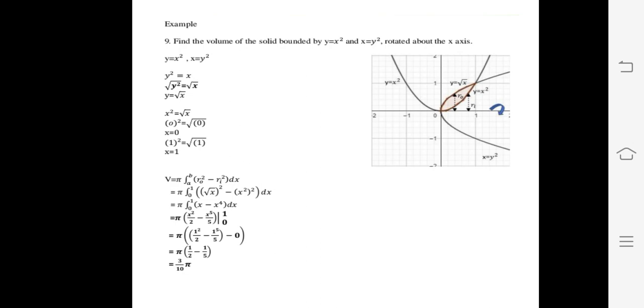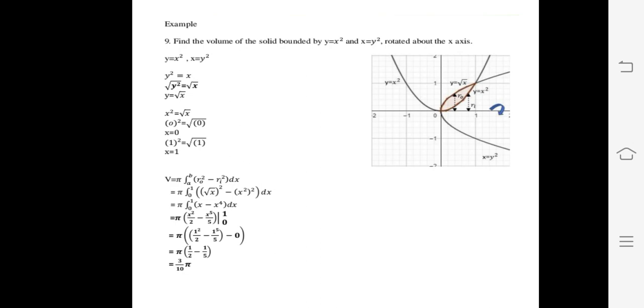Next we have x squared is equal to the square root of x. If x is 0, then 0 times 0 is equal to 0, so x is equal to 0. Next, if x is 1, we substitute: 1 squared is equal to the square root of 1, then 1 times 1 is equal to 1, so x is equal to 1.